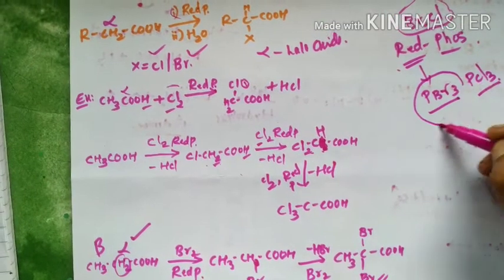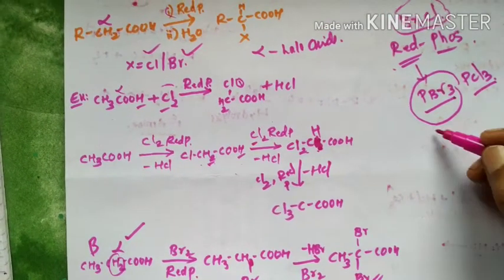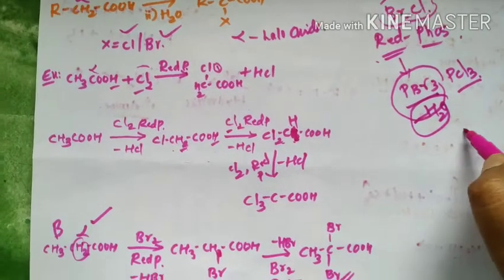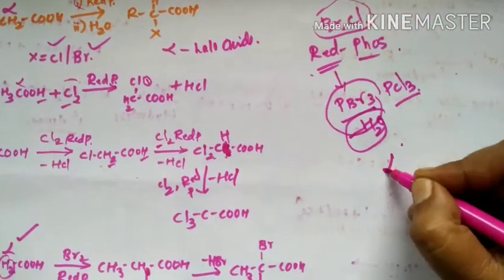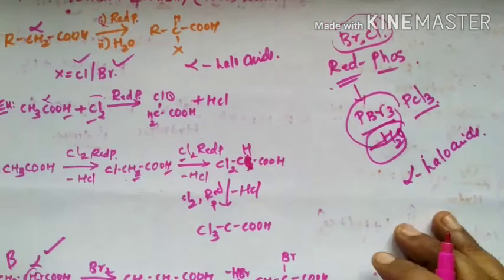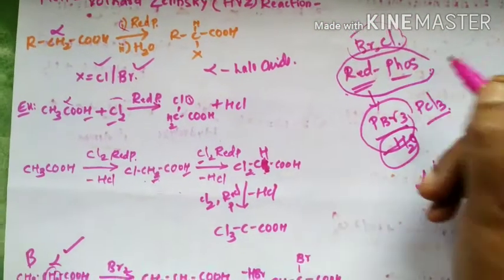Then in the next step it undergoes hydrolysis with removal of water, and it finally forms alpha halo acids. This is the role of red phosphorus.